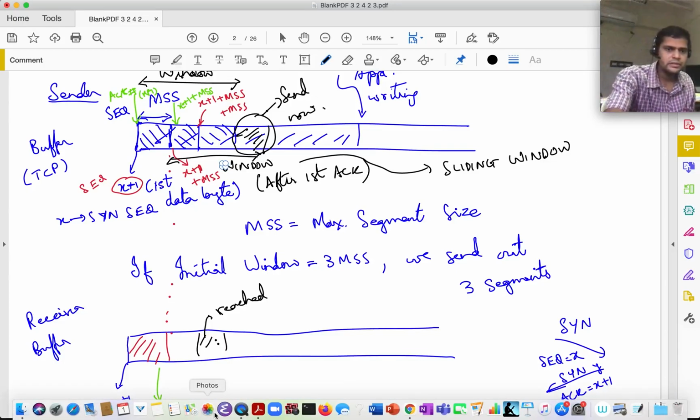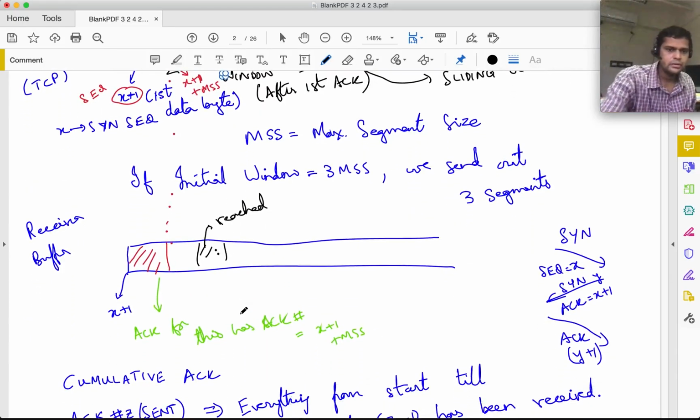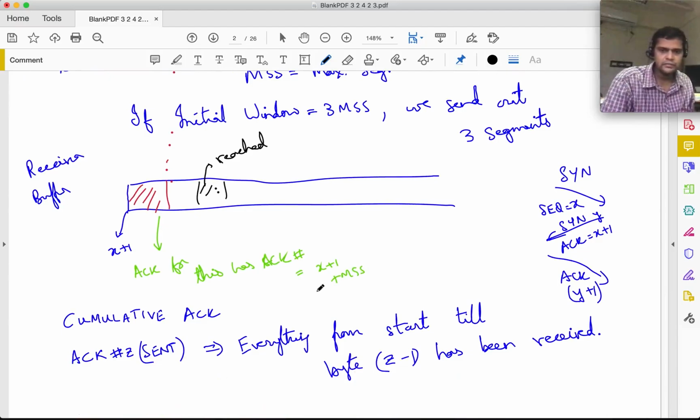So we said in TCP we are going to send out a cumulative acknowledgement. So this is going to say that I got everything from the start till the acknowledgement number over here. And I did not get this data, so I can't put any acknowledgement number larger than this x plus 1 plus MSS. Because that would be lying. It would say that I've got this information when I haven't.